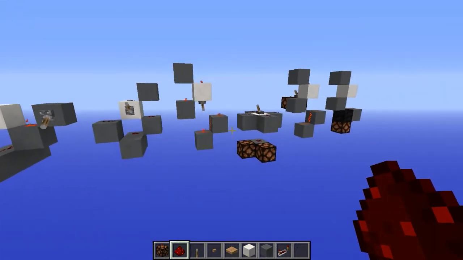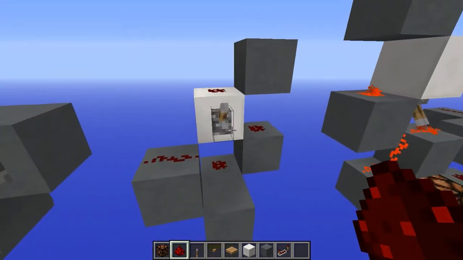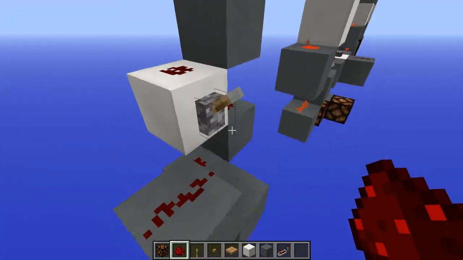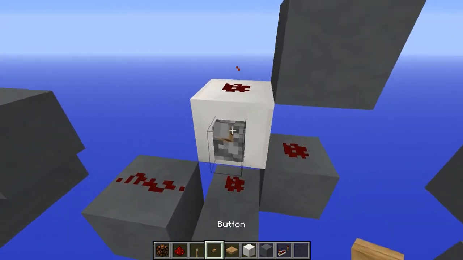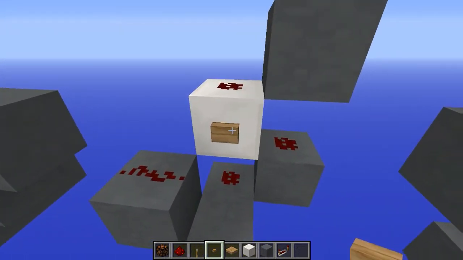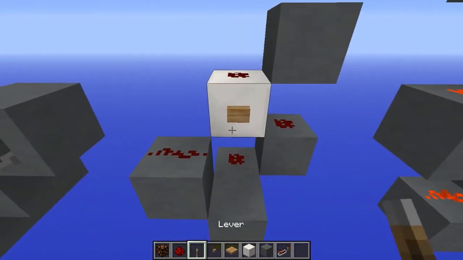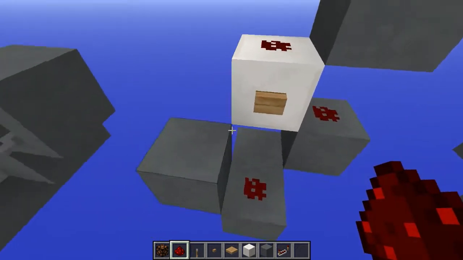Over here we have a few examples of different times that source blocks are created. Over here you have a lever up against the side of a block, and this works much in the same way as a button does. What will happen is the button itself acts as though it is a source block, so we can get rid of that for now and get rid of that one too.